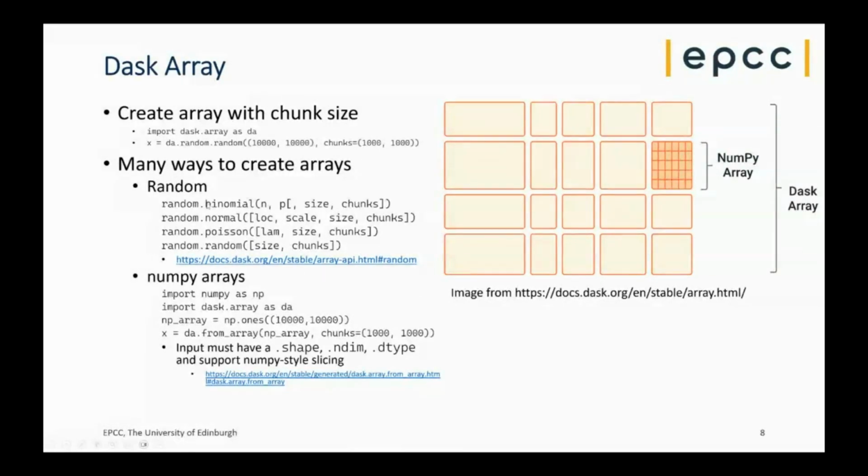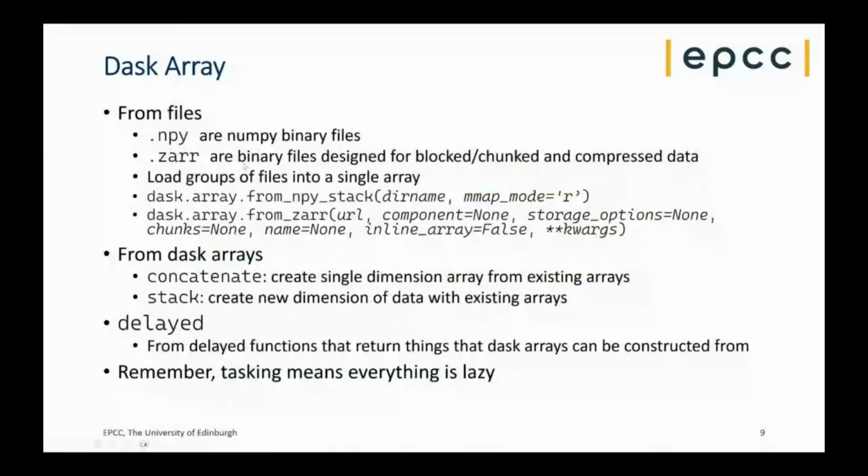And then there are lots of functions we can use here, just like you would have in NumPy. So you can create random arrays using binomial, normal, Poisson, or random distributions. You can create a Dask array from a NumPy array. Or you can create it from files. So you can read in groups of files into Dask to create a Dask array using some of these interfaces here.